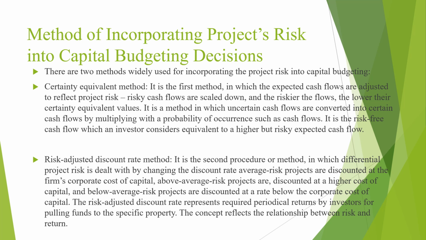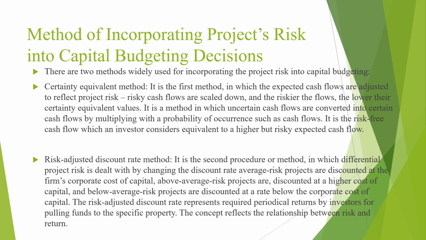Next is the methods of incorporating project risk into capital budgeting decisions. So there are several methods widely used for incorporating the project risk into capital budgeting, but there are two common ones. So the first one is the certainty equivalent method. It is the first method in which the expected cash flows are adjusted to reflect projected risk.